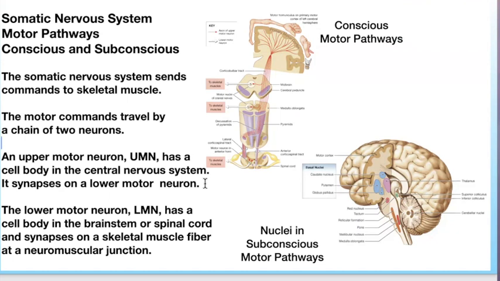The upper motor neuron synapses on a lower motor neuron. The lower motor neuron has a cell body in the brainstem or the spinal cord, and synapses on a skeletal muscle fiber at a neuromuscular junction, which is something that we know already, which is nice.